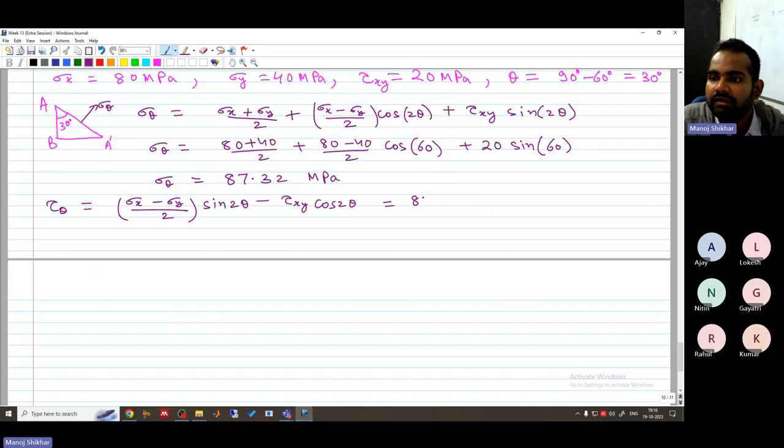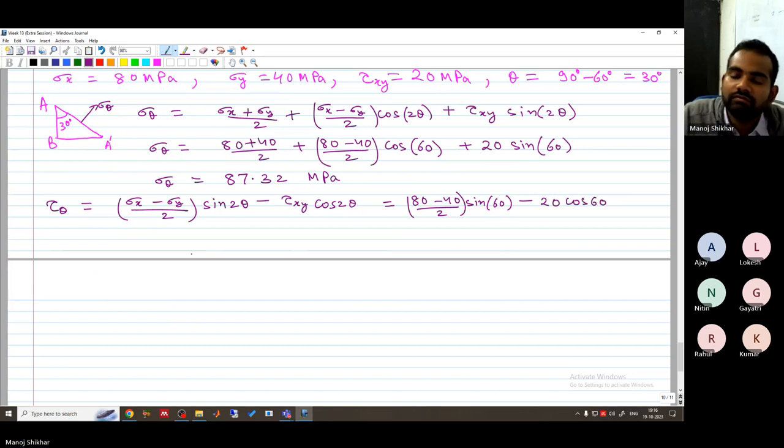So this is 80 minus 40 by 2 sine 60 minus 20 cos 60. So tau theta is 20 root 3 minus 1 by 2.